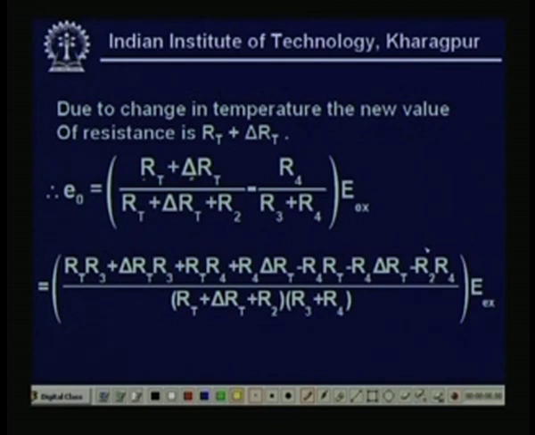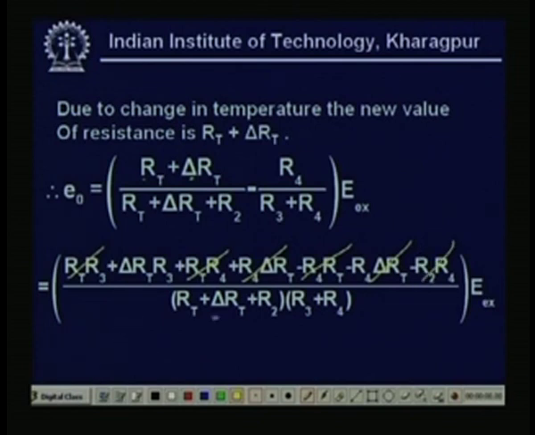Interestingly, you see that RT R4 and R4 RT cancel out, R4 delta RT and R4 delta RT also cancel out. Now, RT R3 according to the condition cancels with R2 R4.